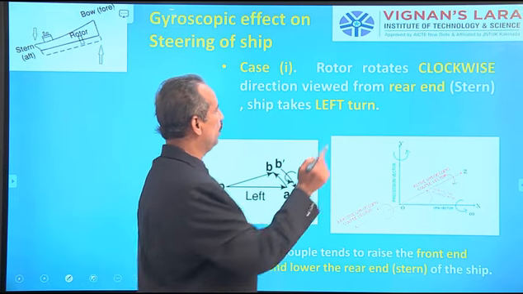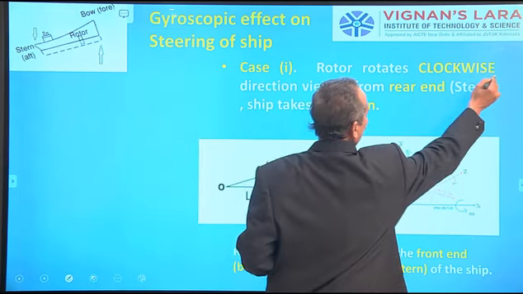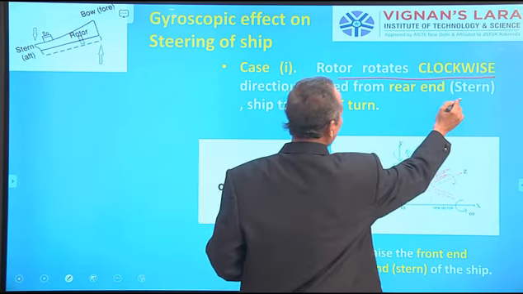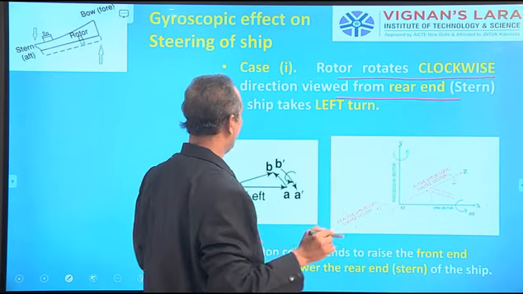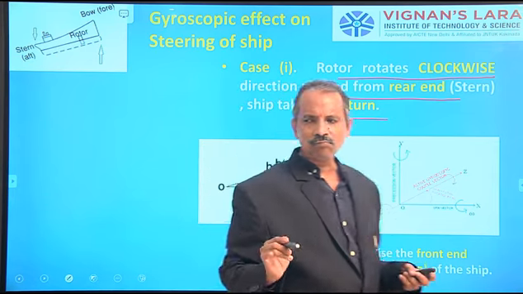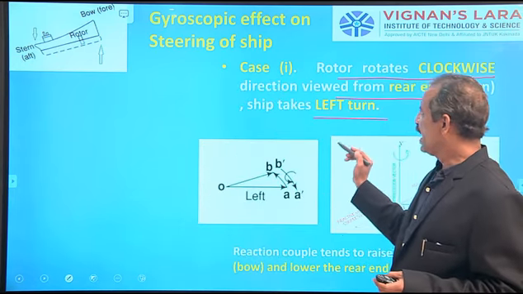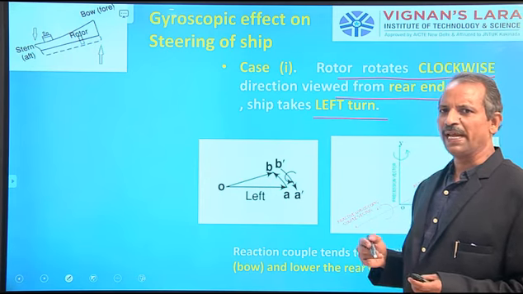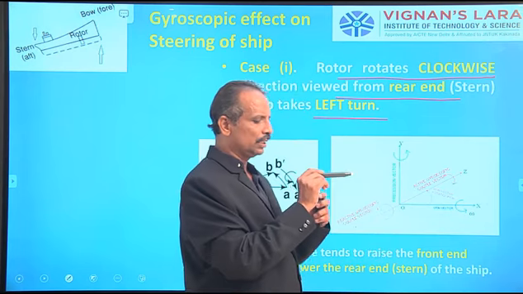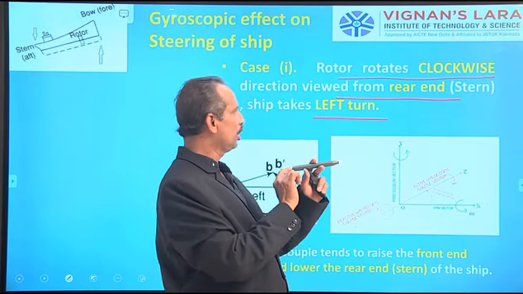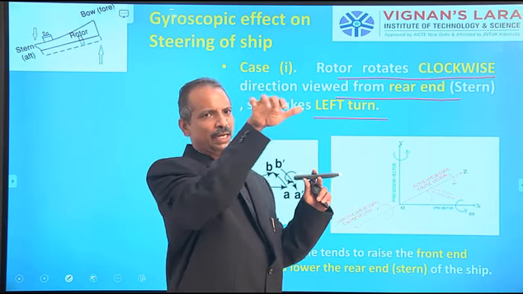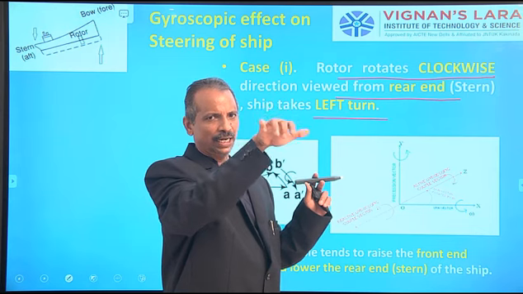So case 1, look at this. Rotor rotates clockwise and I am looking from the rear end and it takes a left turn, isn't it? See, as we discussed already in spin axis identification, I look from the rear end, it is rotating clockwise, this is my right hand, let me apply the right hand thumb rule.